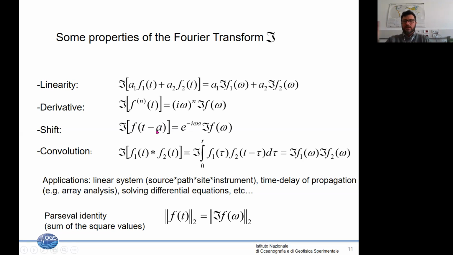The Fourier transform of the second pulse, which is shifted by a quantity A, or can be anticipated, depending on which reference system you're using, is equivalent to the Fourier transform of the original signal, for example of the first signal, multiplied by a term e^(-iωA).